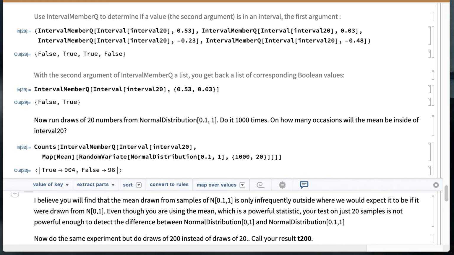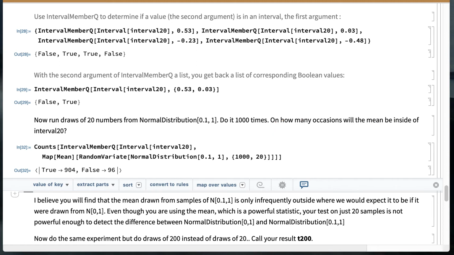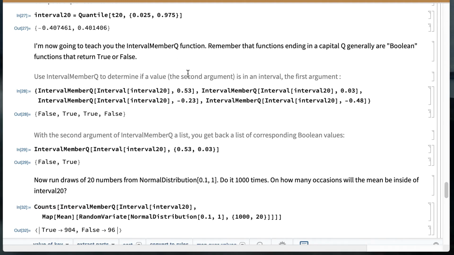Okay, so now what do we want to do? Here's my question. Supposing, in fact, we're not drawing from N(0,1), we're drawing from N(0.1,1), a slightly different normal distribution with a slightly higher mean. How often would the mean of those 20 numbers be outside of the interval that we see in looking at N(0,1)?